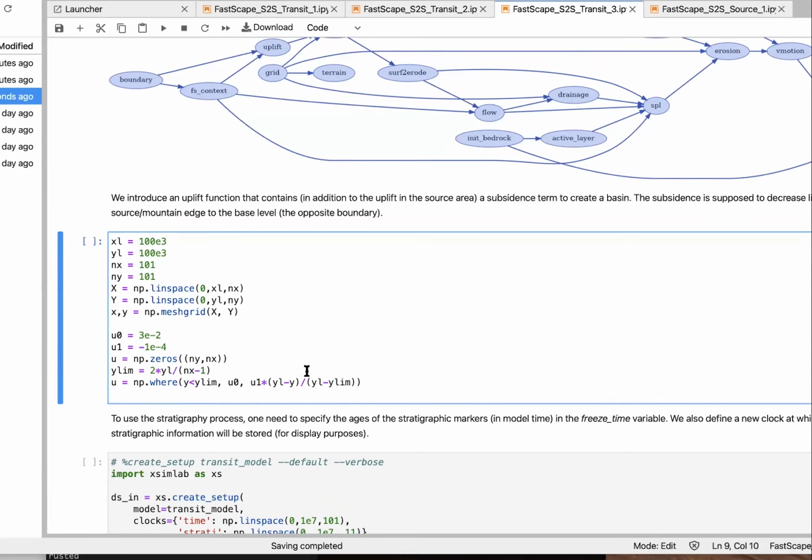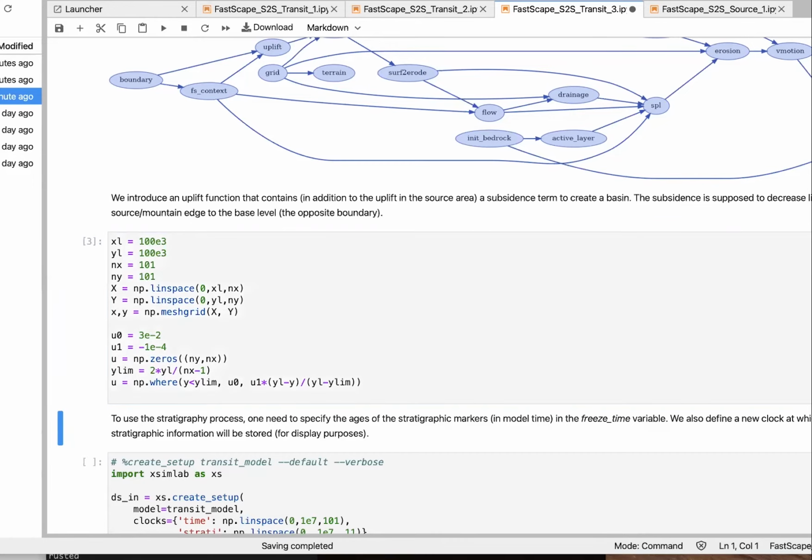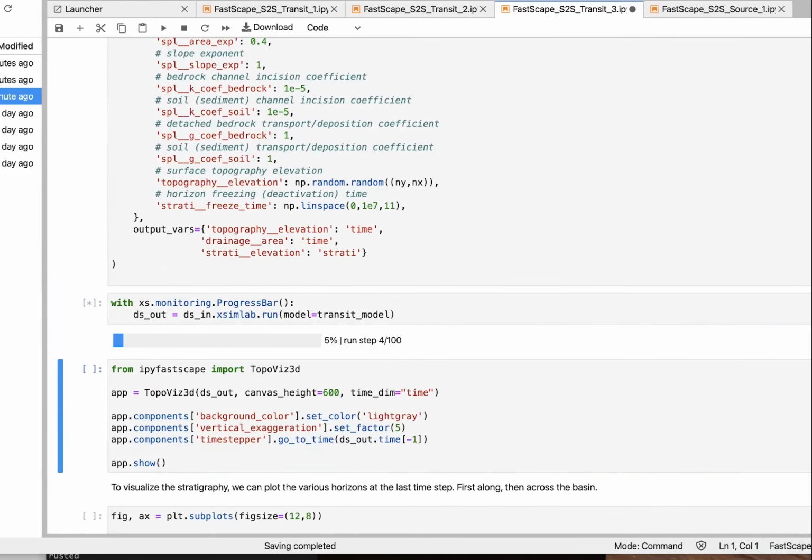And I also make it with this geometry so that my basin is not going to subside like this, but it subsides more like a fault-bounded basin. Okay, so this is what I've put. And let's run the model, and let's look at the solution.